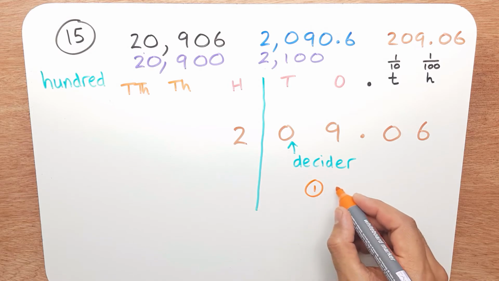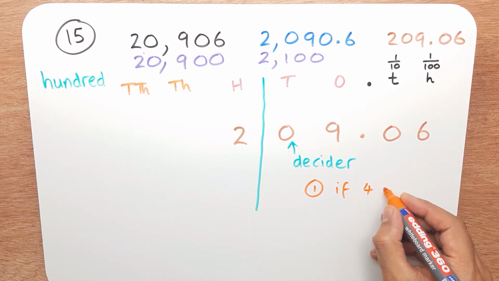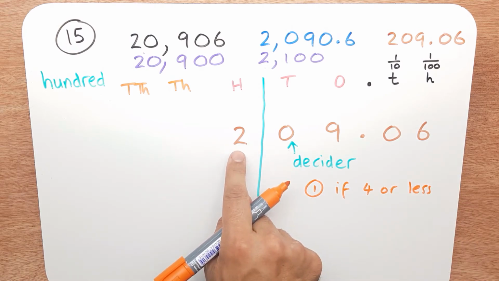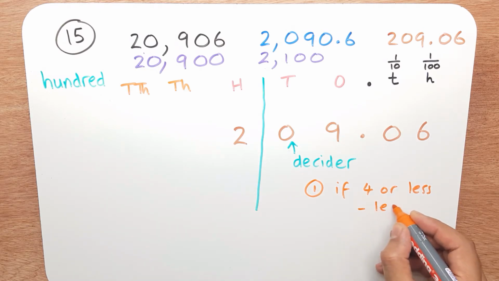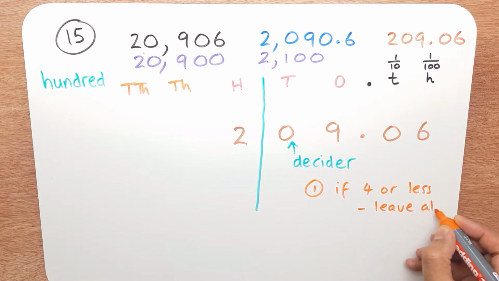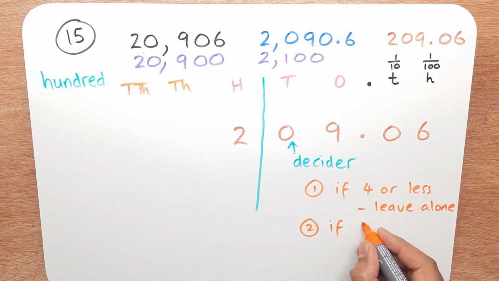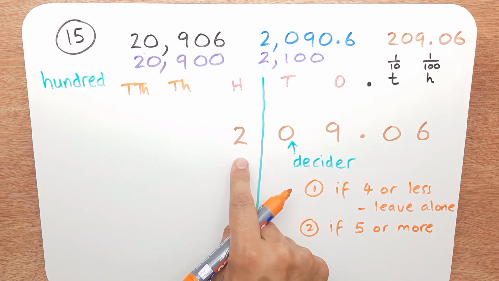First rule, if this number, the decider, is 4 or less, we leave the number to the left alone. Our second rule is, if the decider is 5 or more, what we do is we add 1 to this number.